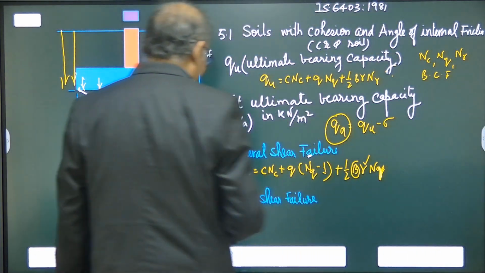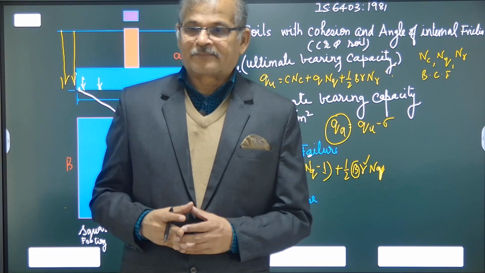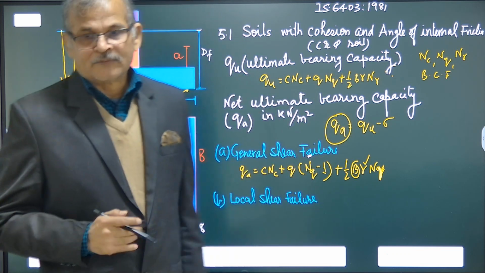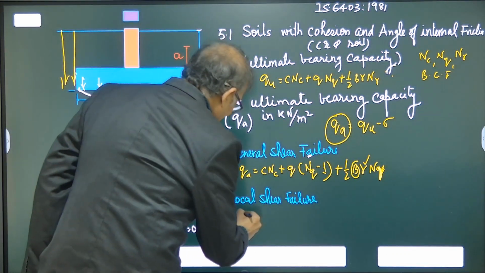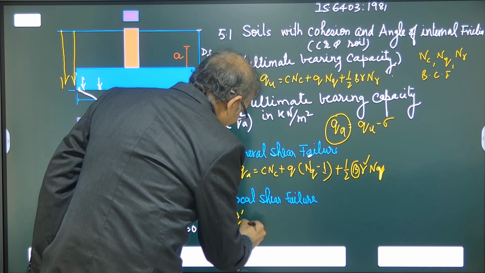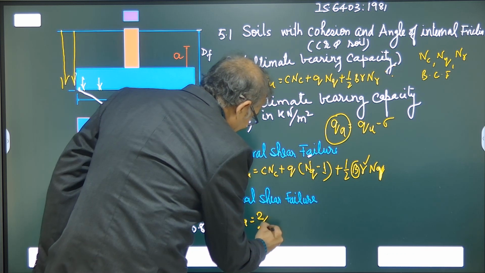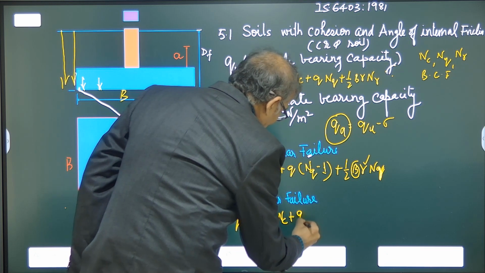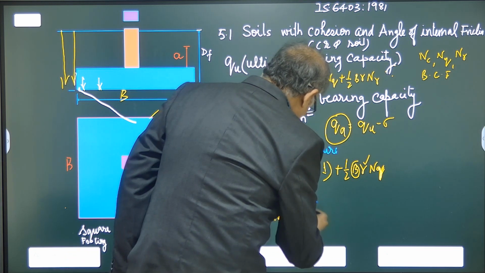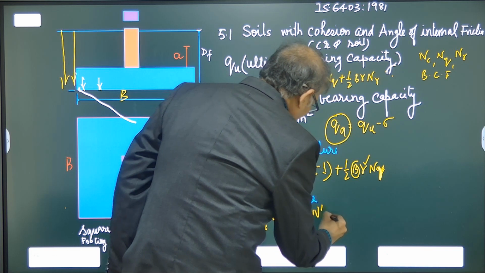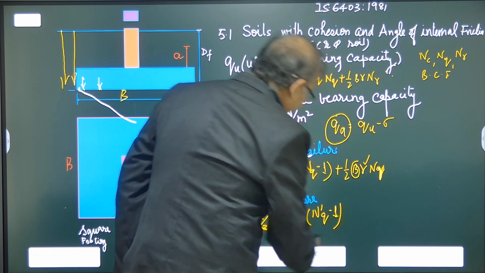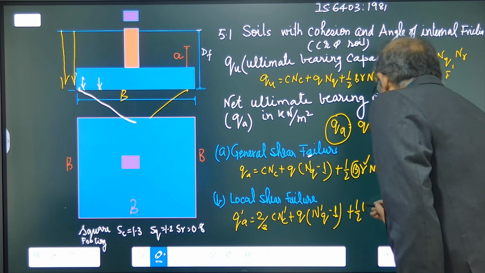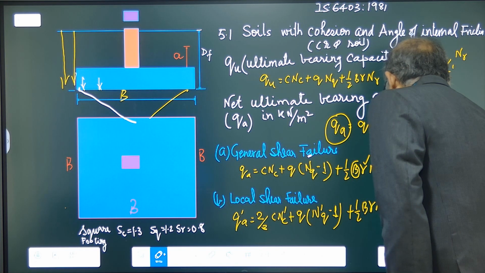In case of local shear failure, the cohesion will be 2/3 and phi also will become 2/3. So in case of local shear failure, Q dash a is 2/3 cN dash c + q(N dash q minus 1) + half B gamma N dash gamma.